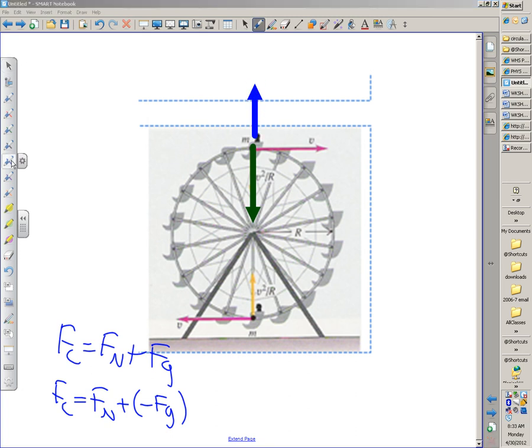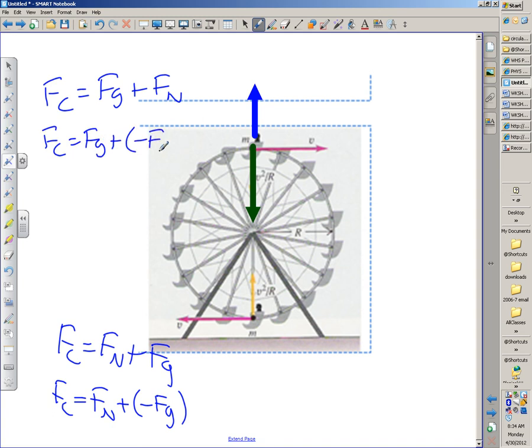To solve the problem, you're still going F of C is equal to F of G plus F of N. I had it written backwards or the other way down here. It doesn't really matter. Okay? But in this case, which way does F of N point? Away from the circle. So two things. One, because it's negative, it's got to point out of the circle.